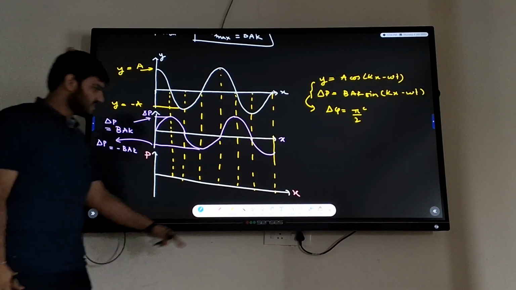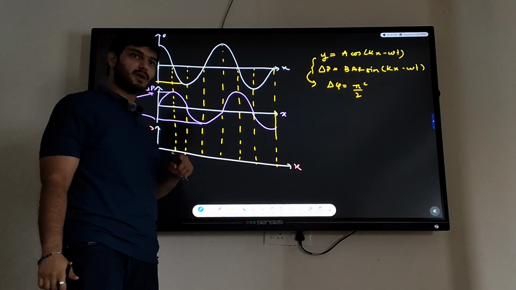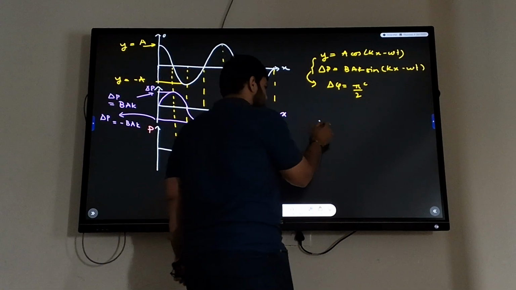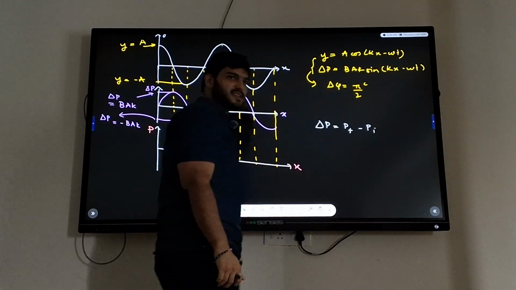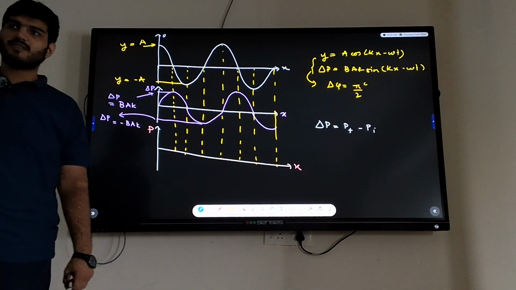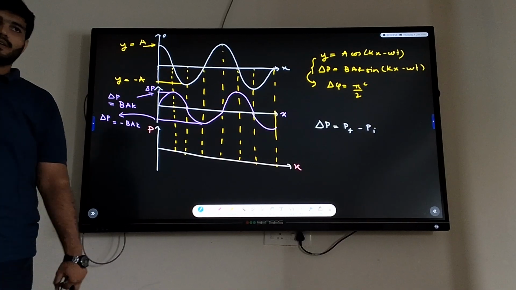Okay. So what does delta P represent? That's a variation in pressure. Variation from what? Variation from the initial pressure. So delta P can be written as P final minus P initial. Does it make sense? What is the initial pressure of the medium when nothing is moving through it, when nothing is disturbing it?